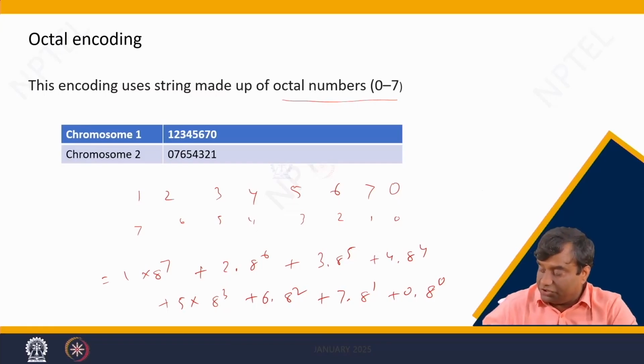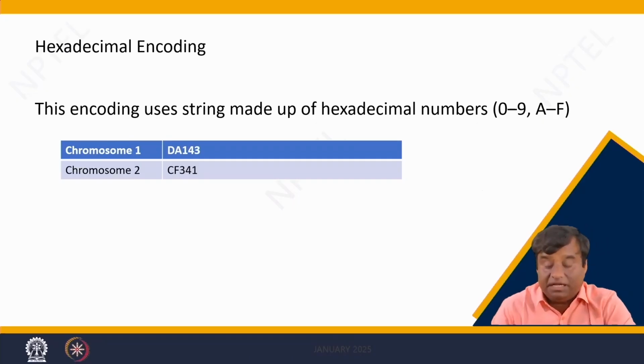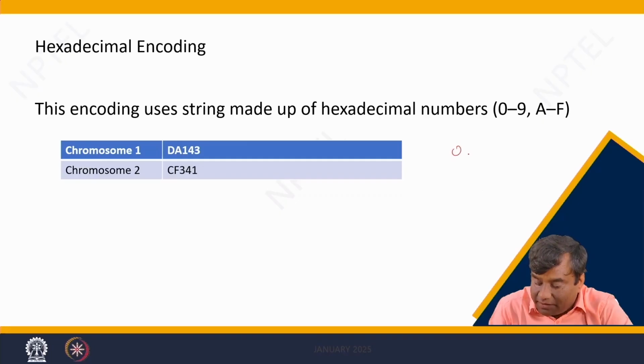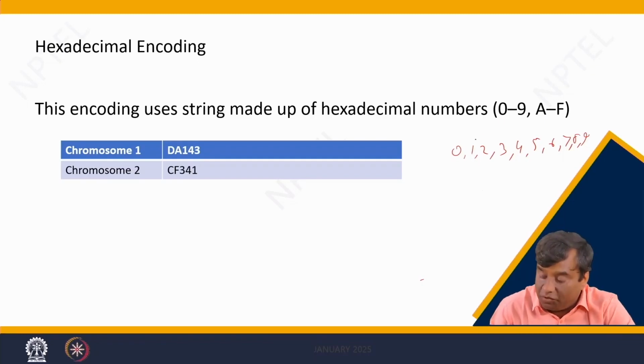Another one is hexadecimal encoding. Here we use the numbers 0 to 9, that is 0, 1, 2, 3, 4, 5, 6, 7, 8, 9, and the alphabets A means 10, B means 11, C means 12, D means 13, E means 14, F means 15.